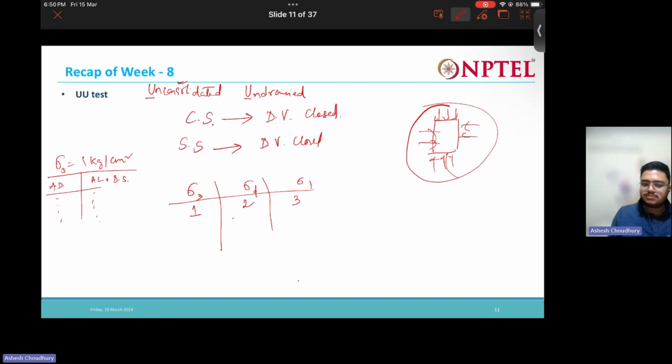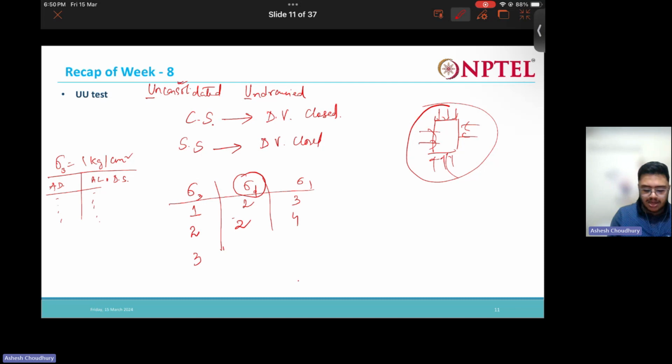Sigma 3 plus sigma d gives me sigma 1. Then we increase sigma 3, the confining stress, and you will see that the deviatoric stress at failure is again coming the same, sigma 1 will be 4.